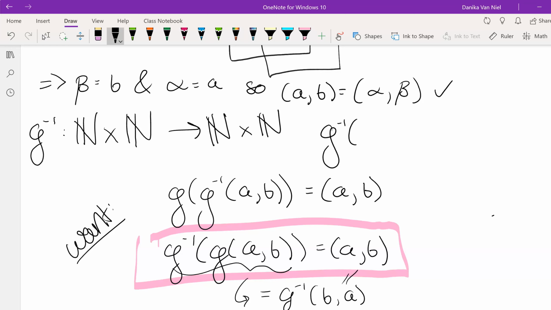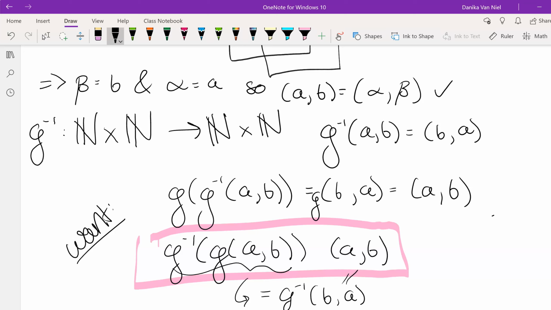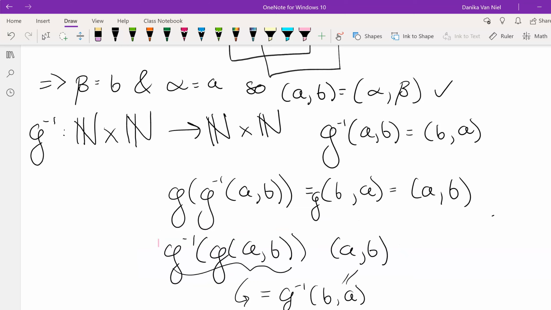Oh okay, so why don't I just have g inverse flip-flop again? Gorgeous. So g of (b, a) equals (a, b). Now that I erase this middle equals, I can get rid of this 'want', and this is actually my proof now. Cool, so this works as our inverse function.